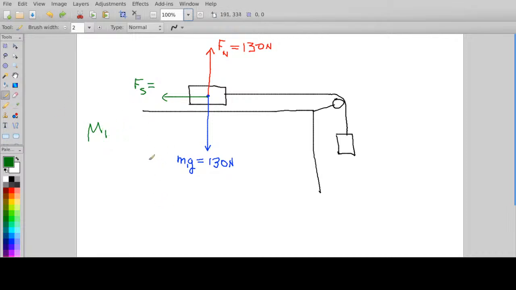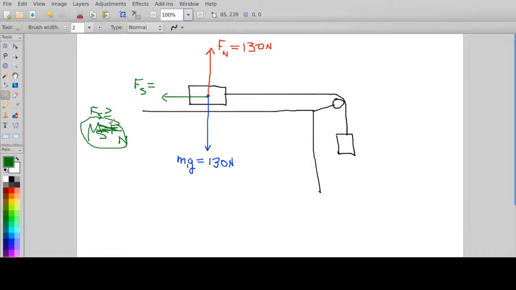You can't even use mu s times Fn. The reason is that this Fs is actually part of an inequality. Fs is less than or equal to this. So even if you calculate this, it doesn't tell you what Fs is.